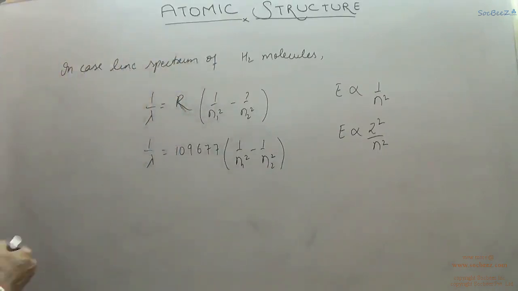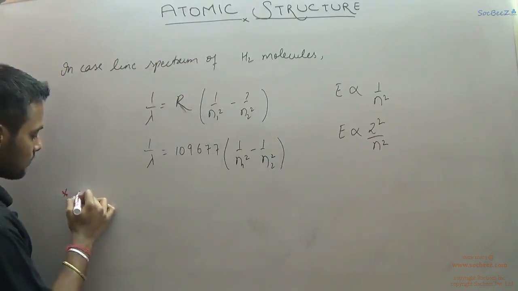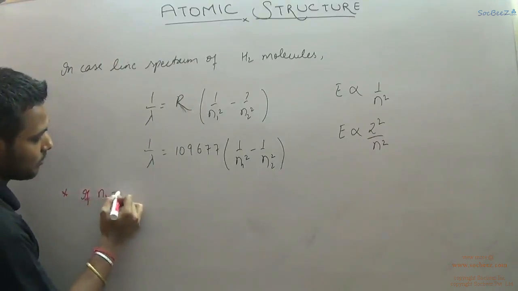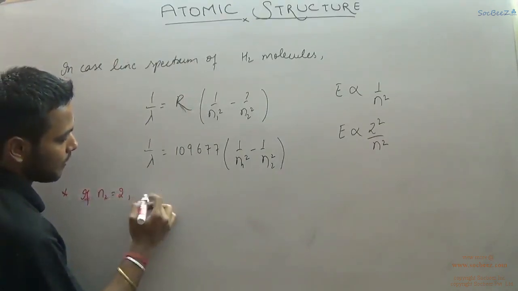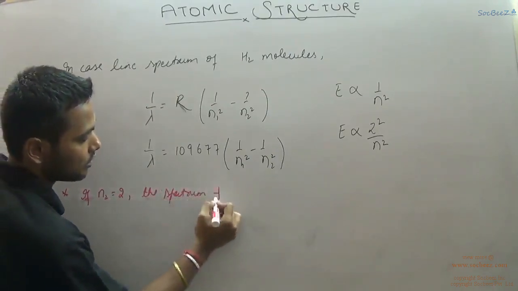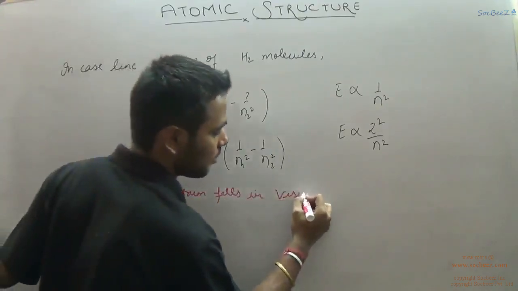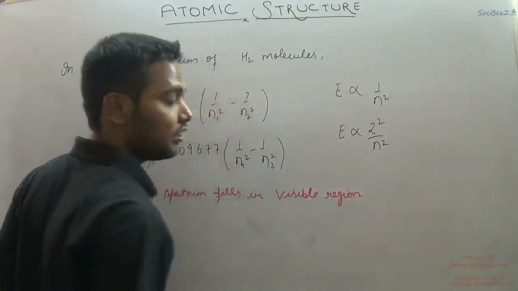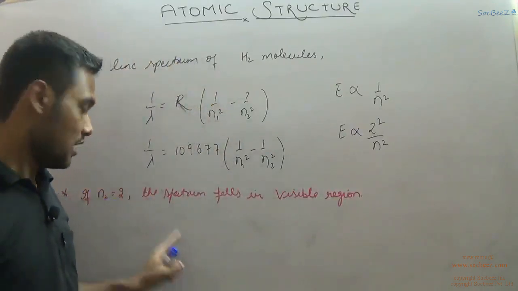For example, if n1 equals 2, the spectrum falls in the visible region, which is the only spectrum that we can see with our naked eye.